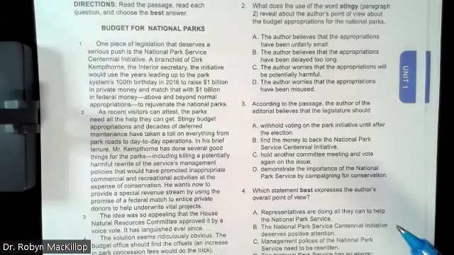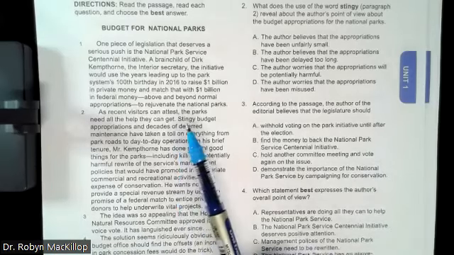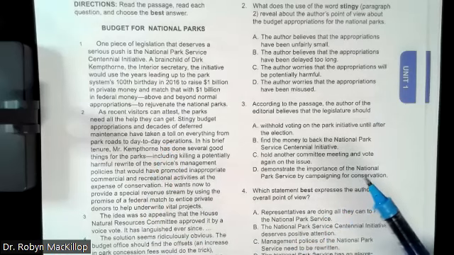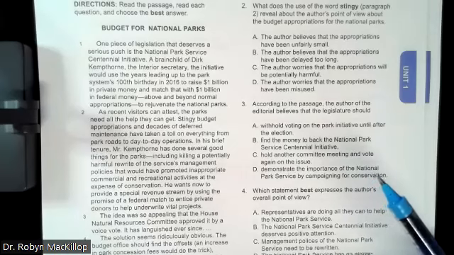As recent visitors can attest, the parks need all the help they can get. Stingy budget appropriations, that's that word from question 1, and decades of deferred maintenance have taken a toll on everything from park roads to day-to-day operations.